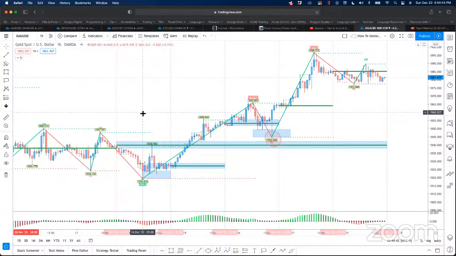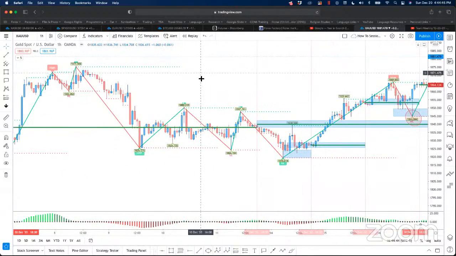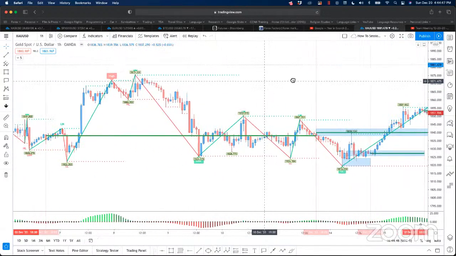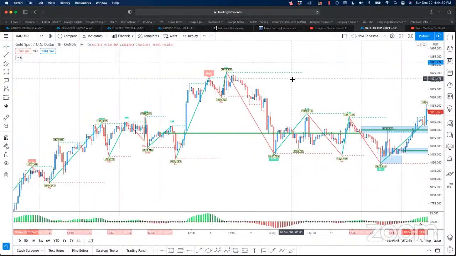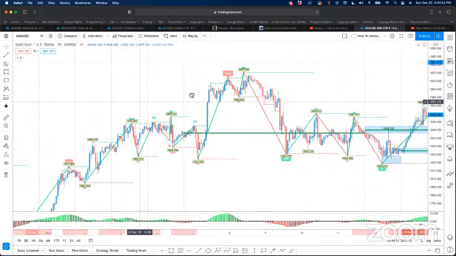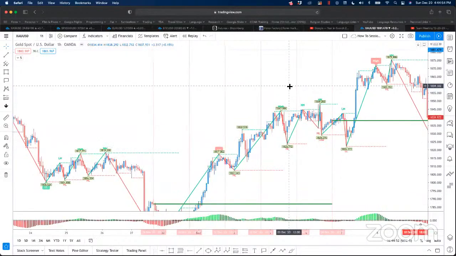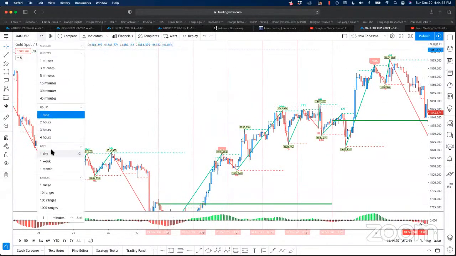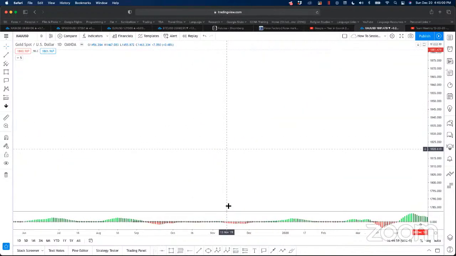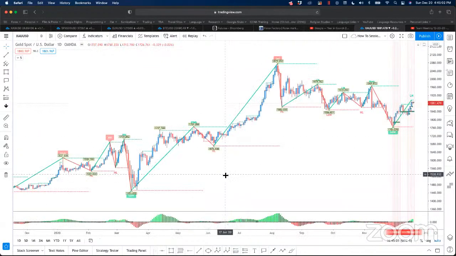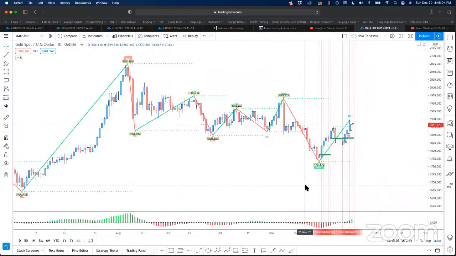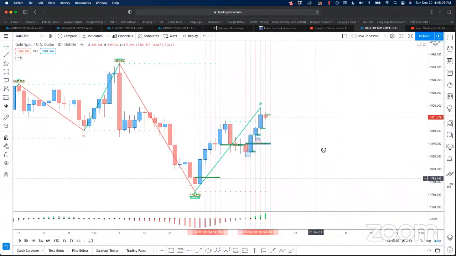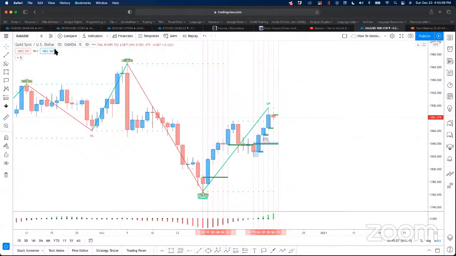So if we look at another week, right? Look at this week. No, let's look at EU.